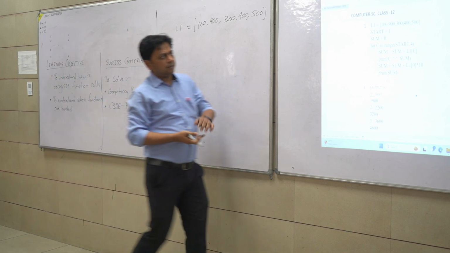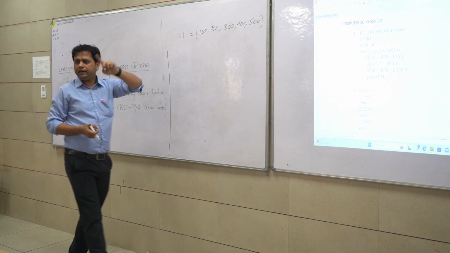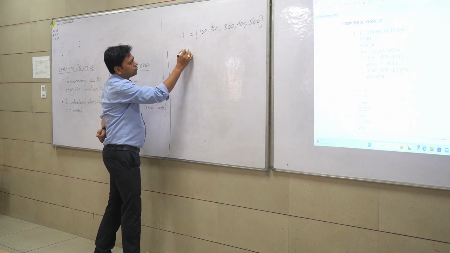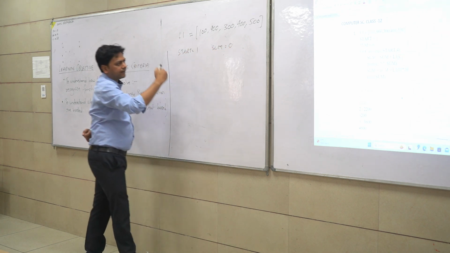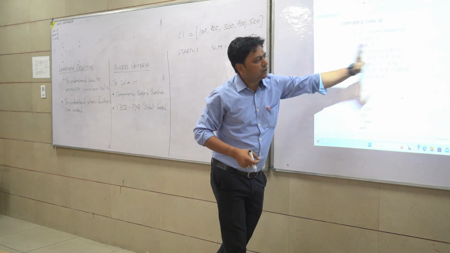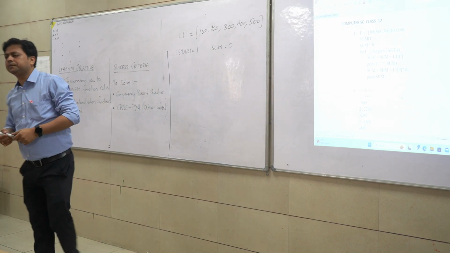Start and sum. These two are variables which have been initialized with what? 1 and 0. Start is 1 and sum is 0. We'll get into the dry run process now. For C in range, start comma 4. Now we have already done in class 11, what is the range function? What does it do?